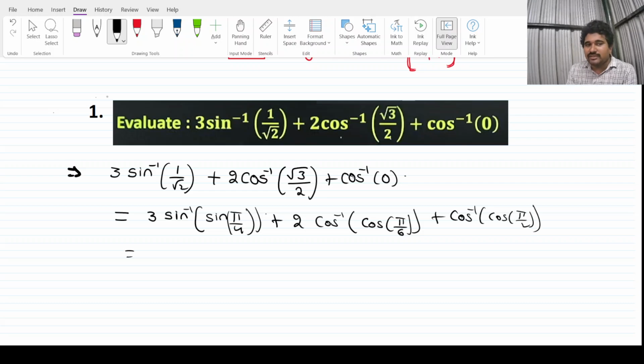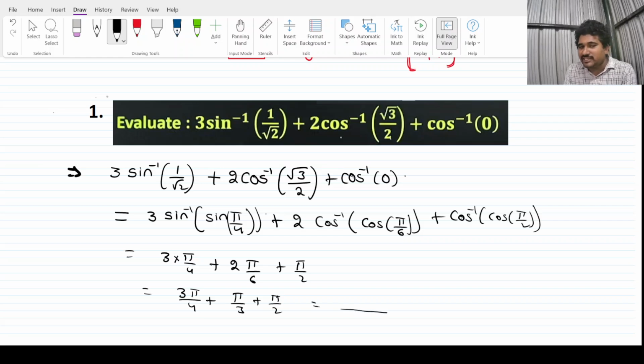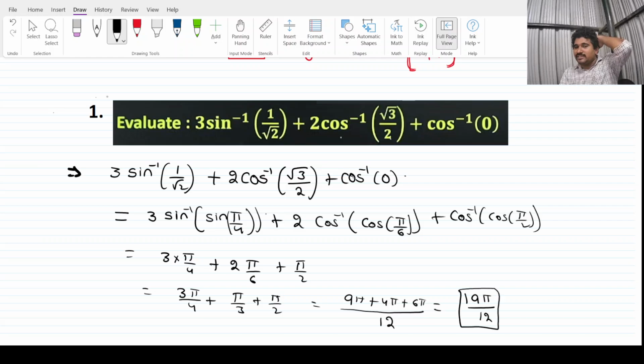So from here: 3 into pi by 4, 2 into pi by 6, and pi by 2. So it is 3 pi by 4 plus pi by 3 plus pi by 2. What is the LCM for 4, 3, 2? 12. That means 9 pi, 4 pi, 6 pi. Total 19 pi by 12. Correct?